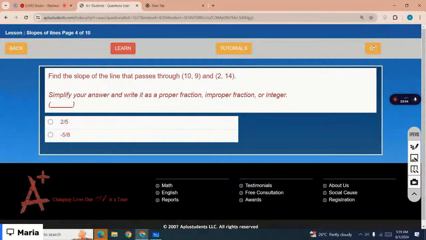Find the slope of the line that passes through 10, 9 and 2, 14. So which is the correct option?